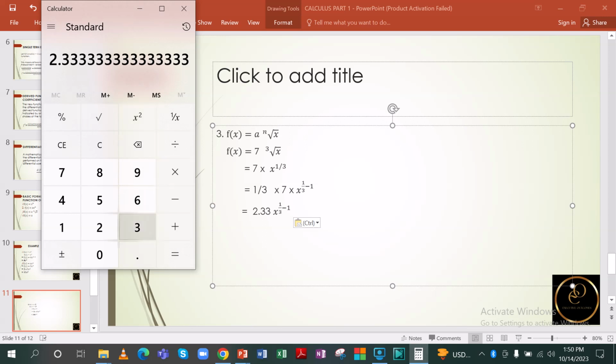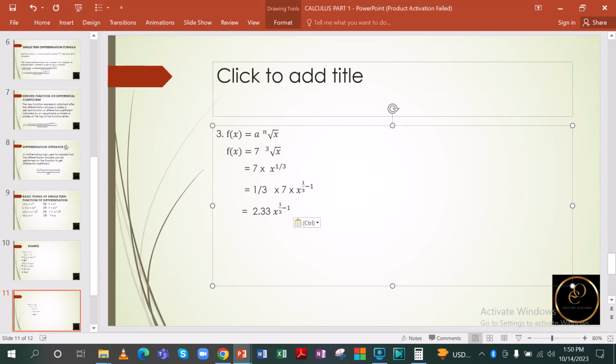We have to clear this. We have 1 divided by 3 equals that, minus 1. What do you get? So that's negative 0.66.